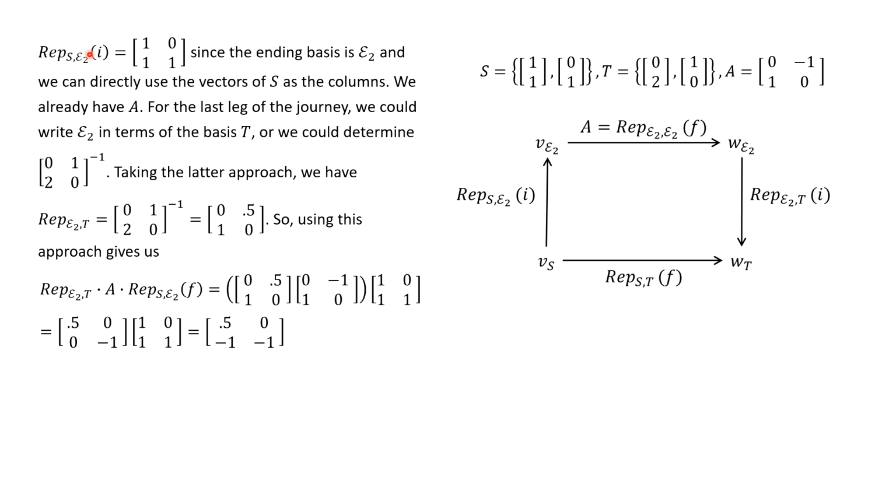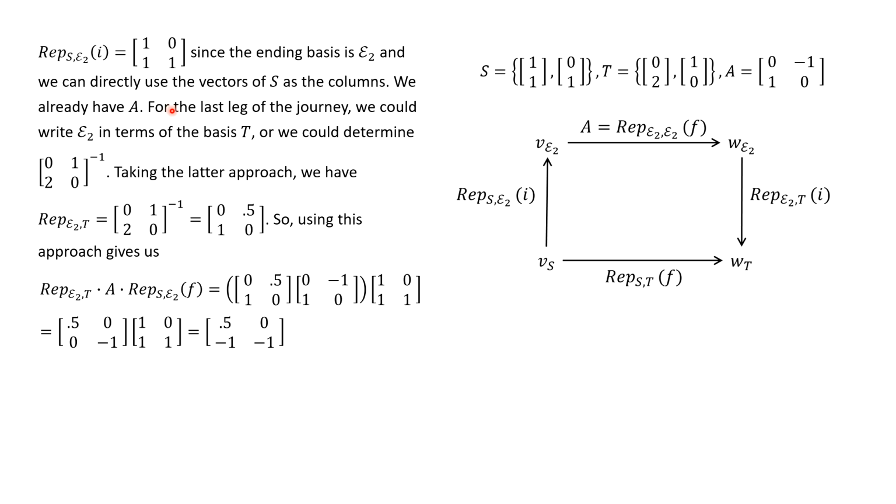So that's pretty easy because this is the identity mapping. So if you map these with the identity, you're just going to get (1, 1) and (0, 1). And then when you write it in terms of the standard basis, you're going to get (1, 1) and (0, 1). So that gives us this here, which I'll eventually plug into this formula down here.